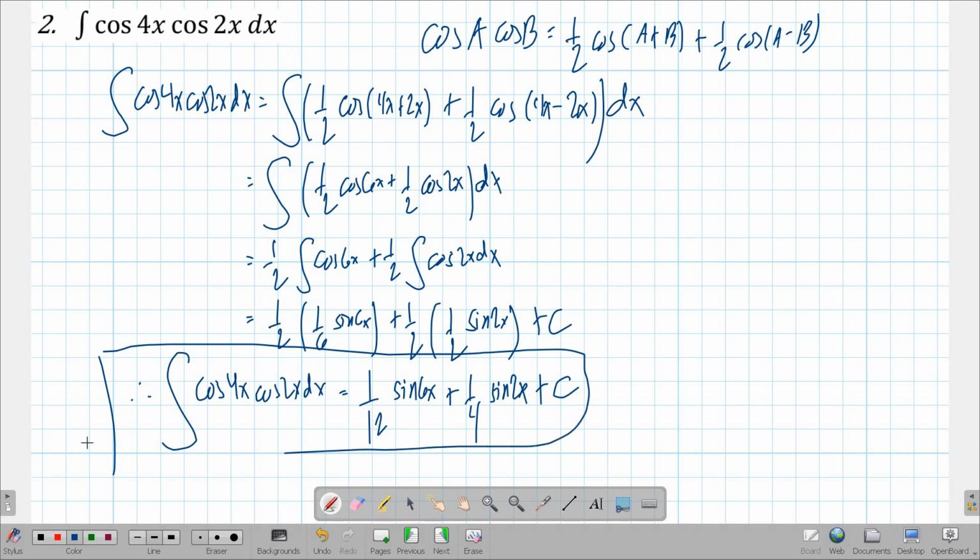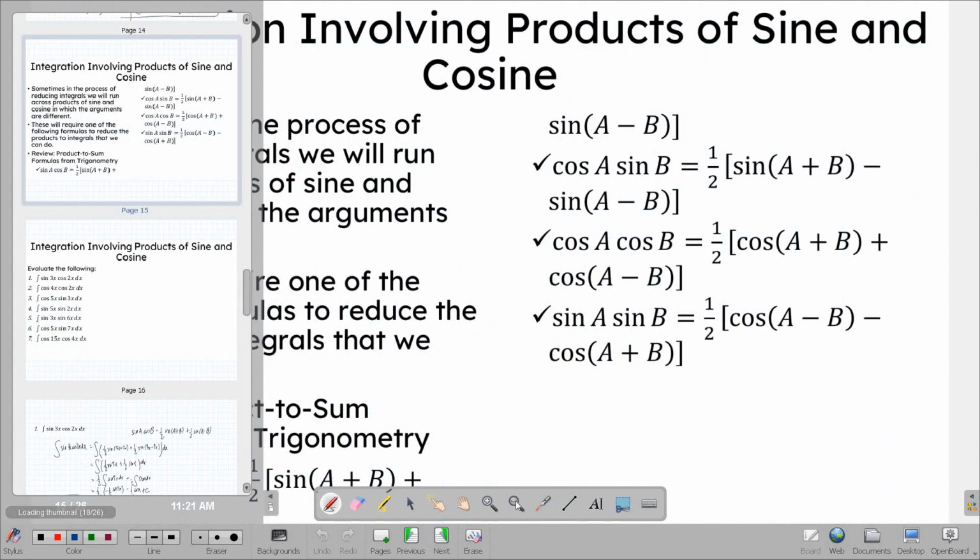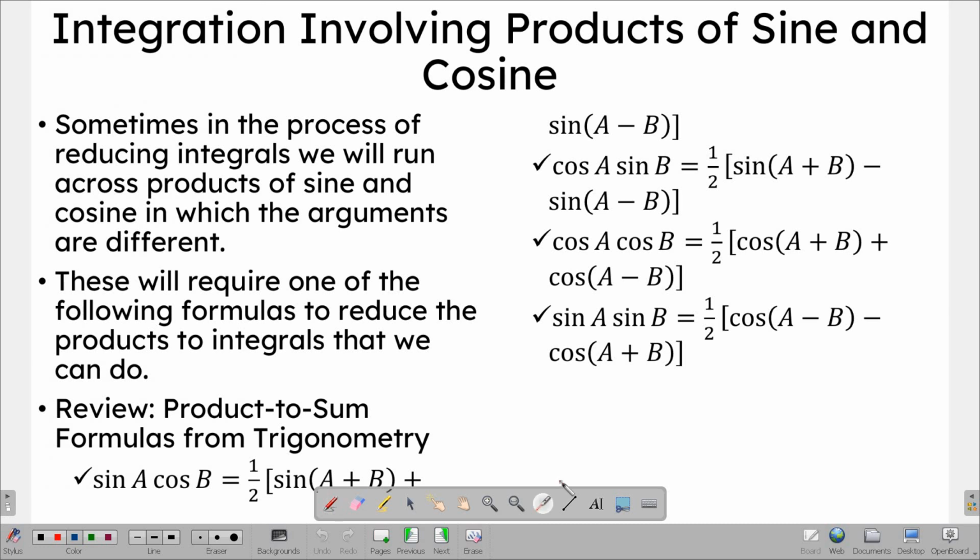So once again, this is more or less a straightforward application of these product to sum identities, rewriting the product as a sum, and then performing the integration, almost all the time with u substitution.